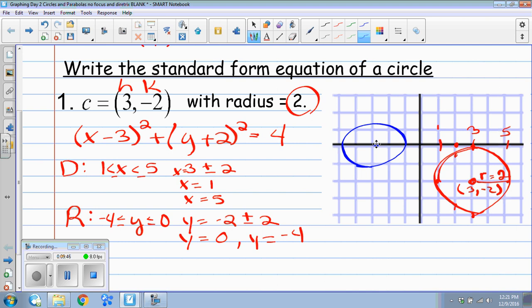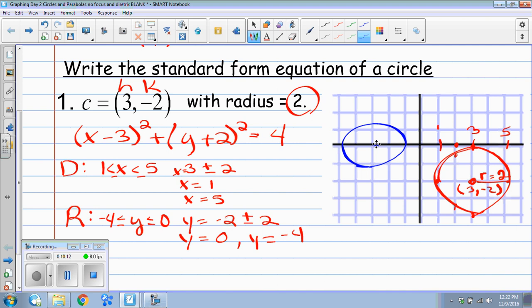If it's not a function, don't even try to answer positive, negative, increasing, decreasing, or end behavior. There's no end behavior. There's no end to a circle. Just keep going. So if it's a circle, the only thing you can answer is domain and range, center and radius. That's it.